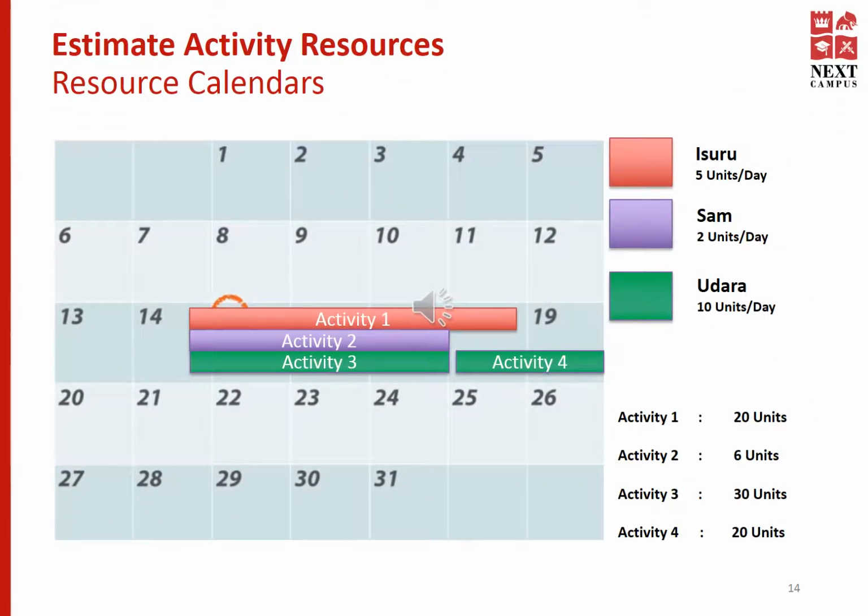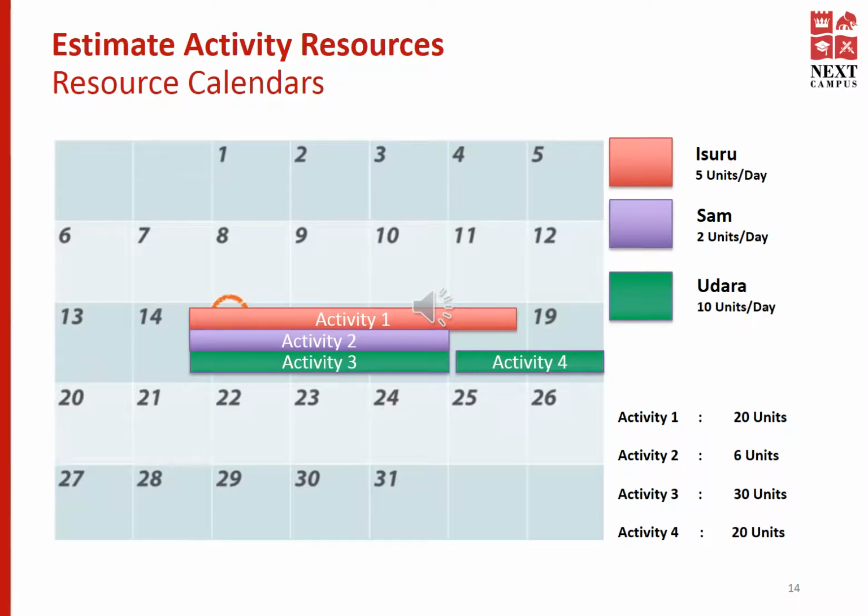So far, in the previous example, we had allocated only Isuru and Sam. We have Udara, who does not have any activity assigned for the moment. If we want to assign the pending two activities to Udara, let's see how it will be reflected in the resource calendar.